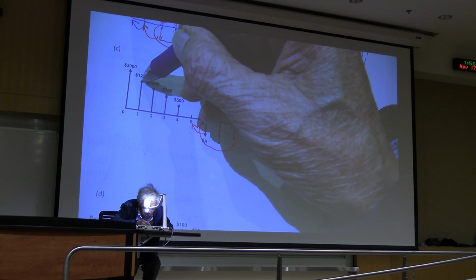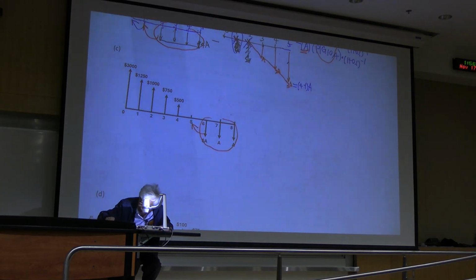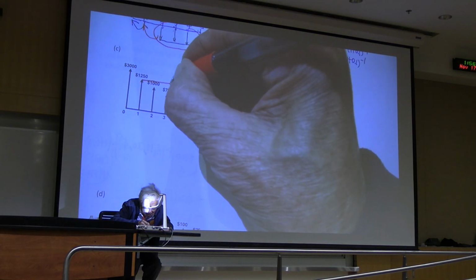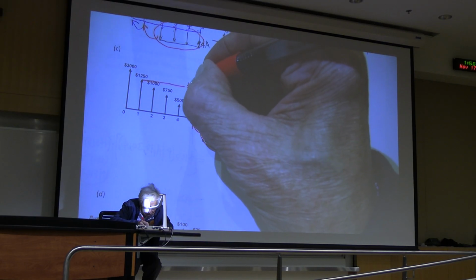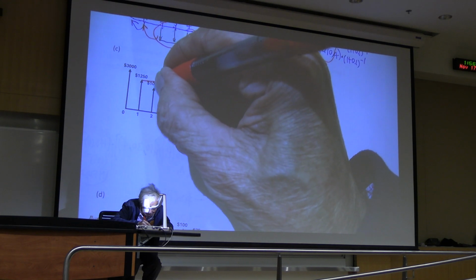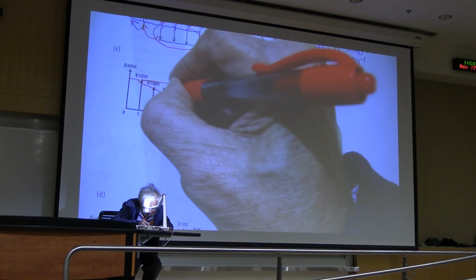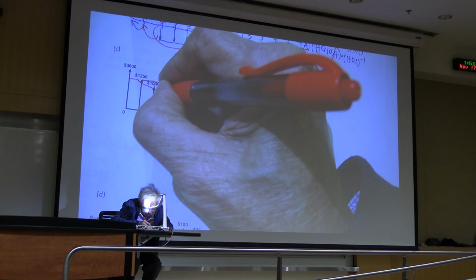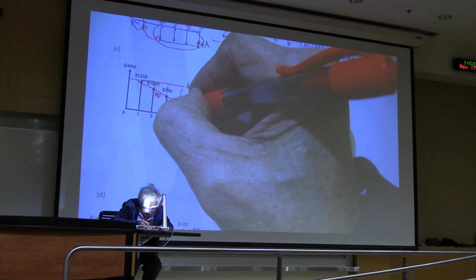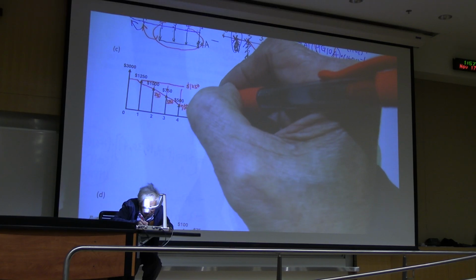This 1250, 1,000, 750, 500. Looks like you can put this at 1250. And this is 250, 500, 750, which is 250, 4 minus 1.